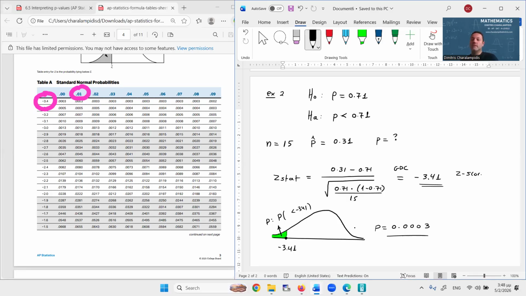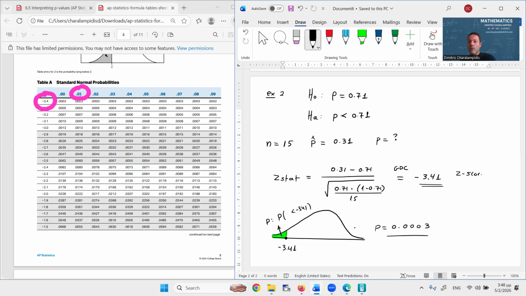How can we translate that? It means that the probability of getting a sample proportion less than 0.31 or even equal to 0.31, as extreme or even more extreme, in this case less than that, assuming that the null hypothesis is true, is 0.0003.